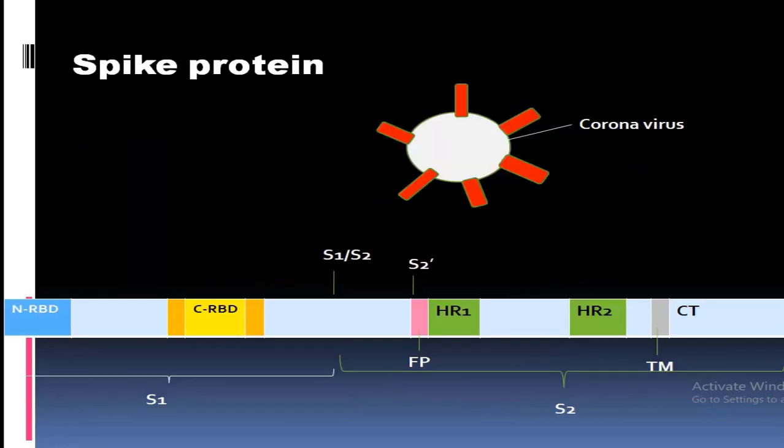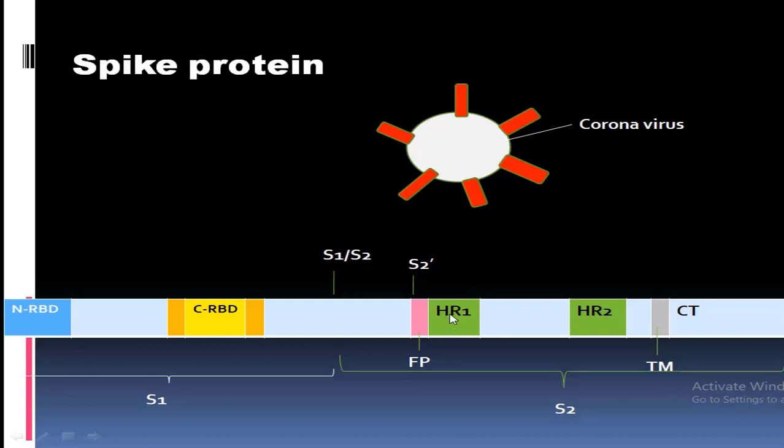Right. So let's see the organization of this spike protein. Here I have already discussed that it has two subunits, the S1 subunit and the S2 subunit. Further, this S1 subunit has an N-terminal receptor binding domain and a C-terminal receptor binding domain, and the S2 subunit has two heptad repeats. Heptad means a group or set of 7.